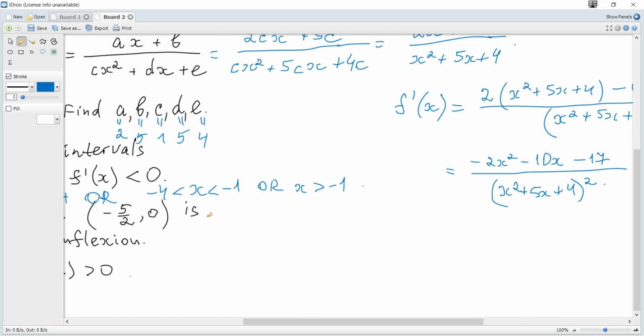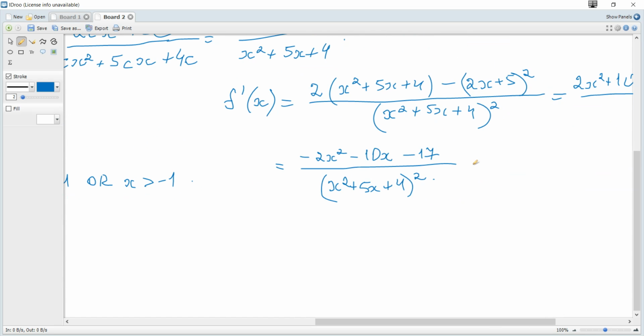And for this question you may consider it to be strictly less than 0. You can see the denominator is always positive, and the numerator is a concave down parabola.